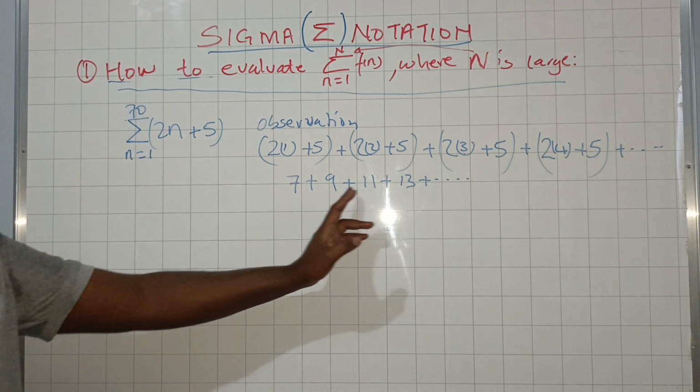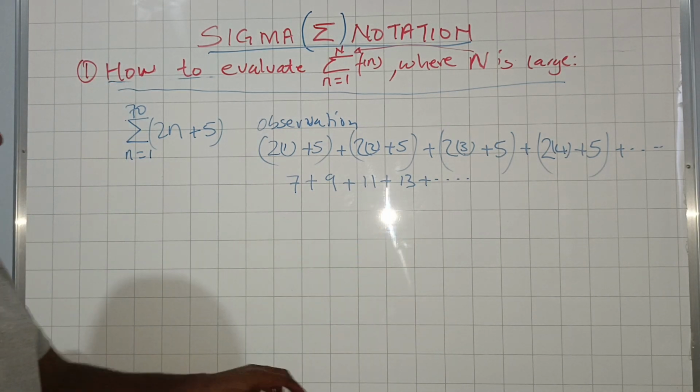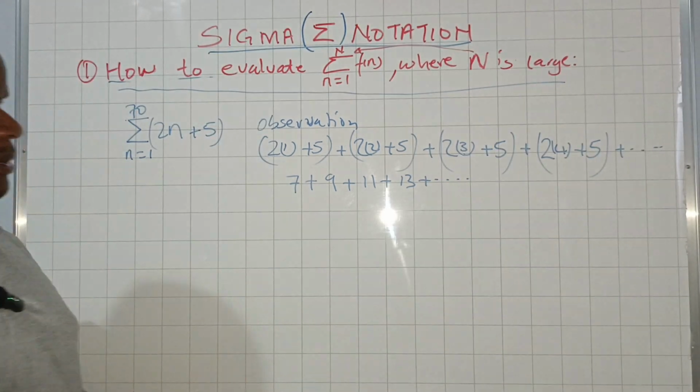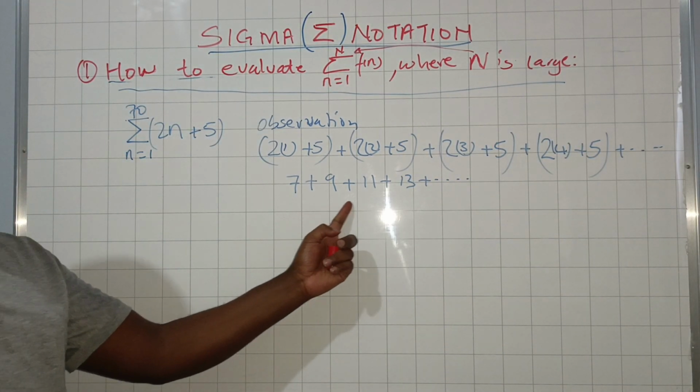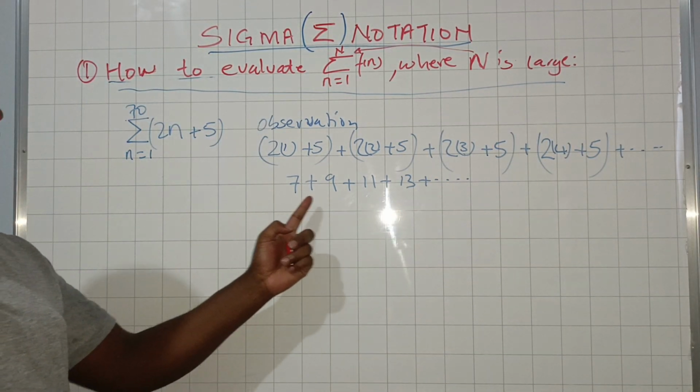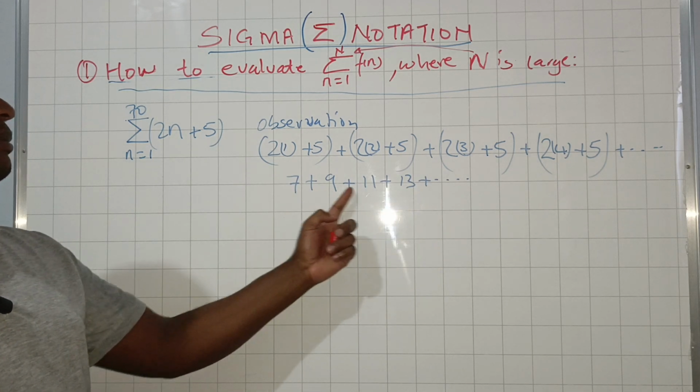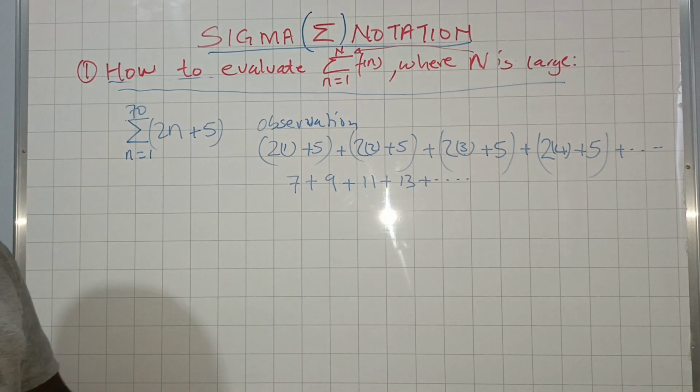Now, this looks like it's an arithmetic series. Why? It looks like you're adding 2 every time. The difference between each of these is 2 all the time.